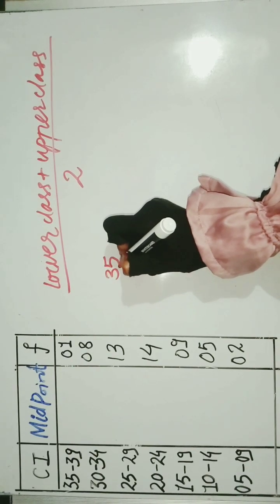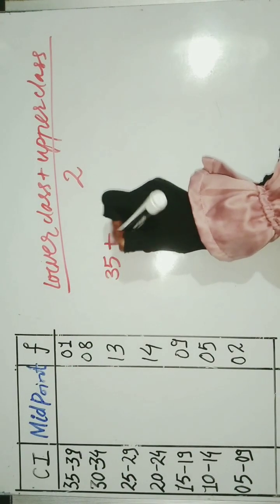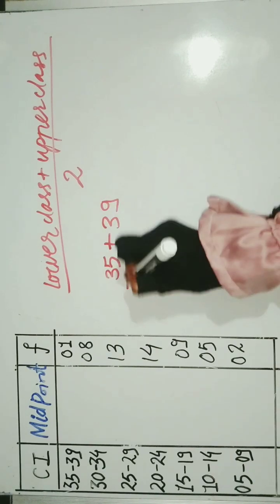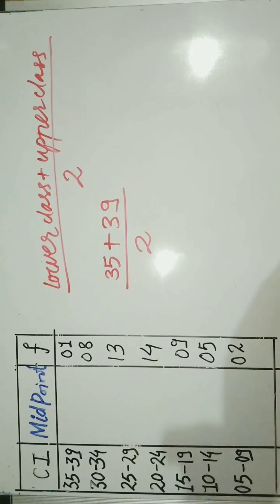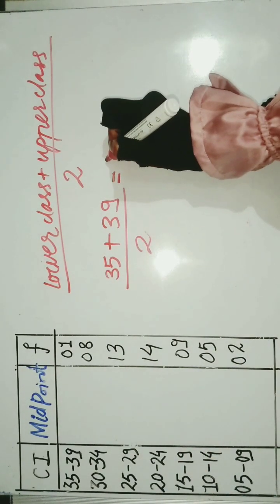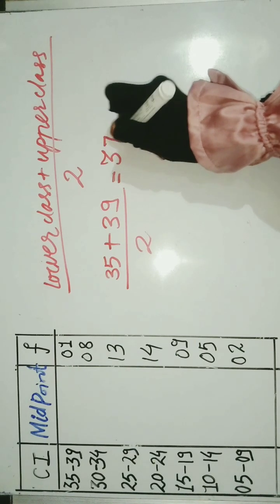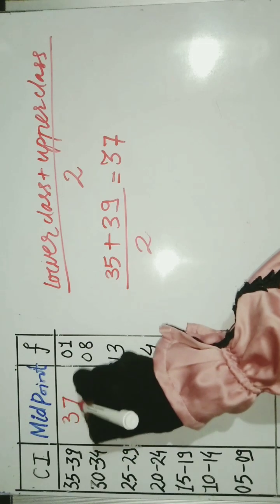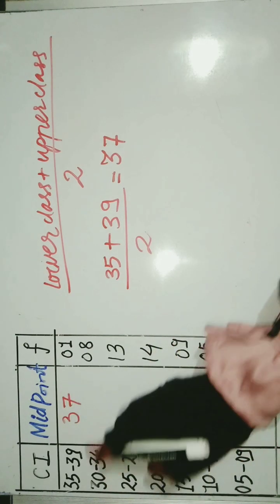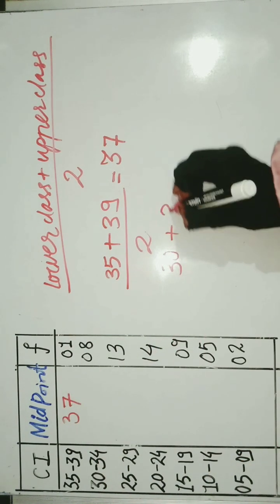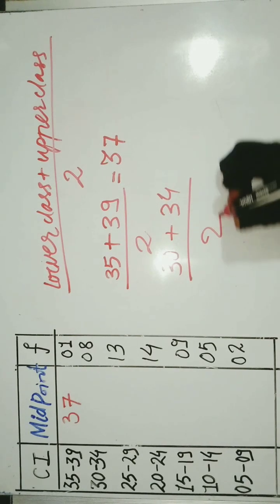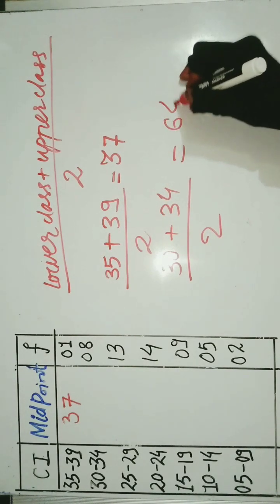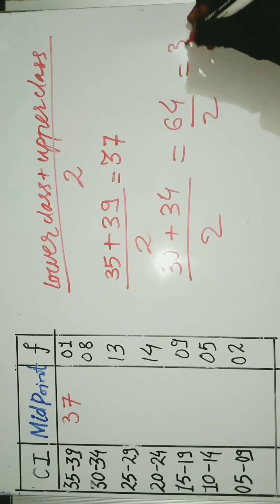So here our first class interval is 35 to 39. So our first midpoint will be 35 plus 39 divided by 2, that is 37. Now calculate the next one, that is 30 plus 34 by 2, that is 64 by 2, that is 32.